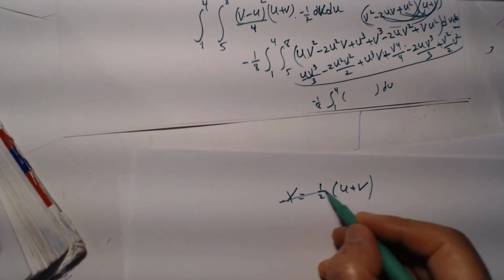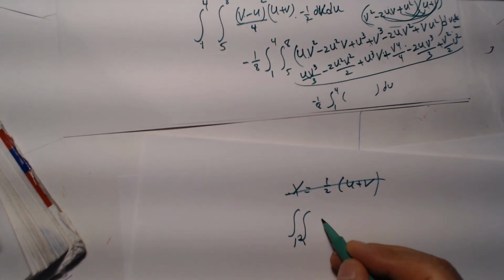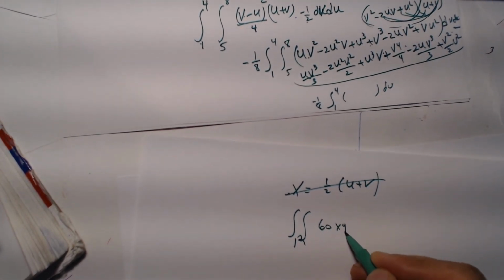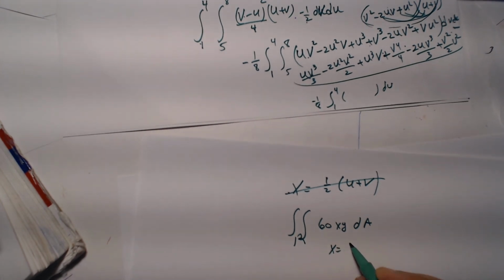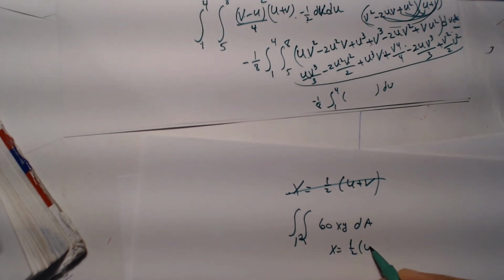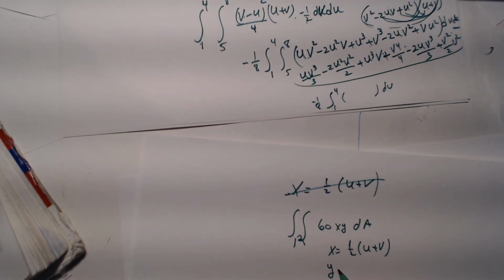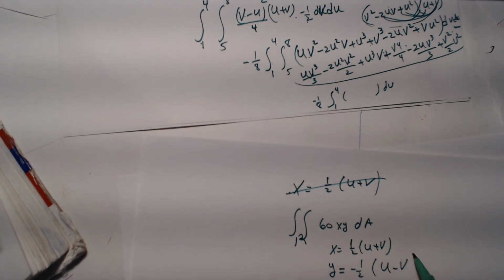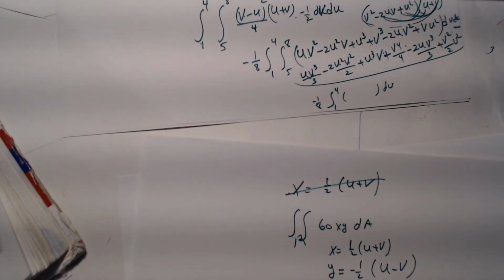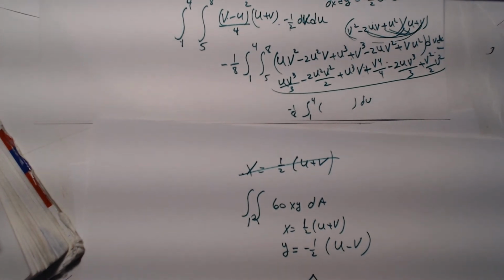I'm going to do this one. This is from a textbook. That's my region, the integral of 60xy dA, but my x is 1/2 (u plus v), and my y, a function of two variables, is negative 1/2 (u minus v), and they are giving you that region.